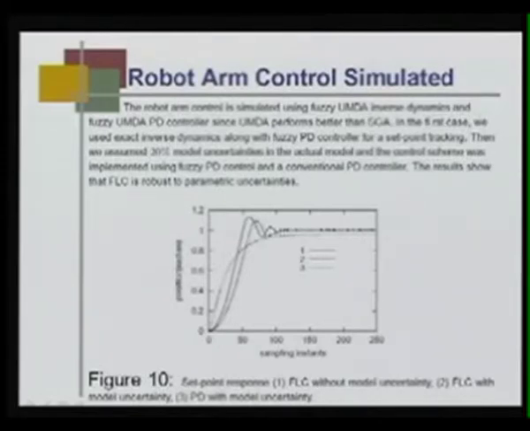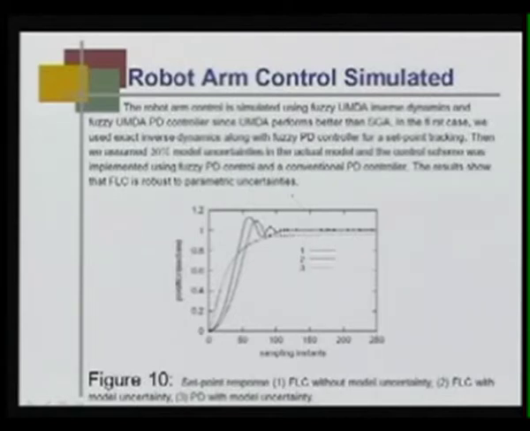In the first case, we used exact inverse dynamics along with the fuzzy PD controller for set point tracking. Then we assumed 20% model uncertainties in the actual model, and the control scheme was implemented using the fuzzy PD controller and a conventional PD controller. The results show that FLC is robust to parametric uncertainties.